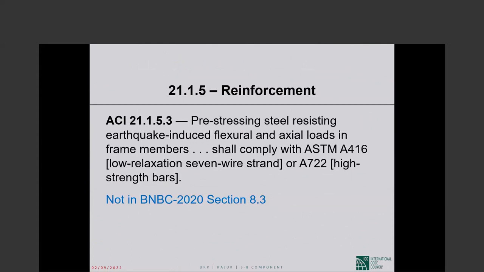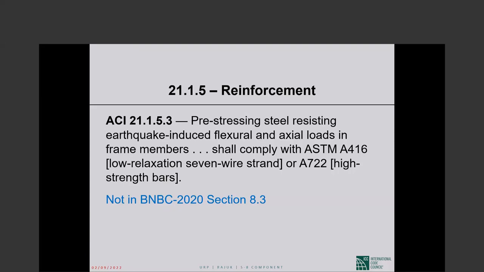ACI 318 says pre-stressing steel resisting earthquake-induced flexural and axial loads in frame members shall comply with ASTM A416 for strand and A722 for high-strength bars. This is not in BNBC 2020, as also came up in discussion earlier, or in that written reply to a question that we posted on the website.